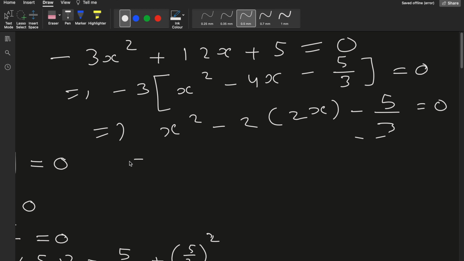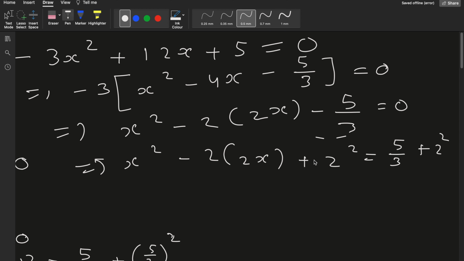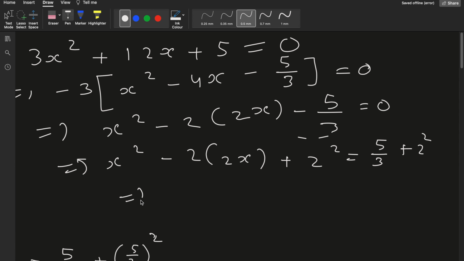Now let's write x squared minus 2 into 2x plus 2 squared equals 5 divided by 3 plus 2 squared. This implies that x minus 2 whole squared equals 5 divided by 3 plus 4, which is 17 by 3.